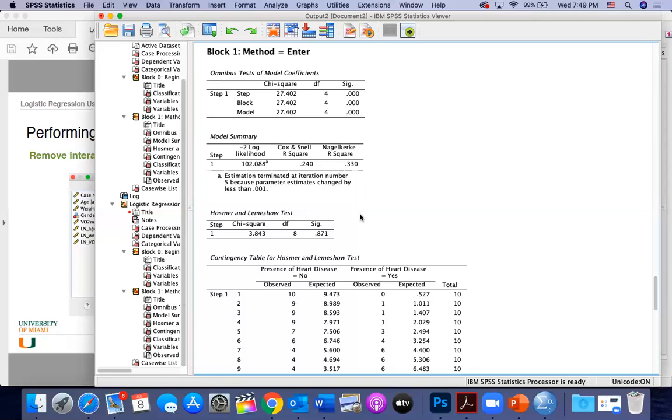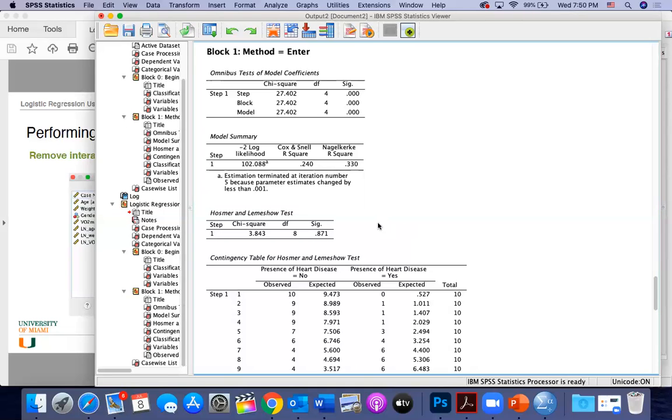And we want the result to be non-significant. A non-significant chi-square value, as in our example, indicates that the data fit the model well. So it's not the best, but it's fitting well. This is how we interpret this result.